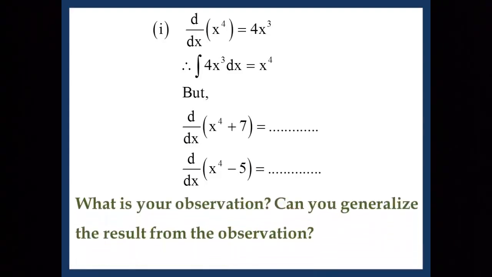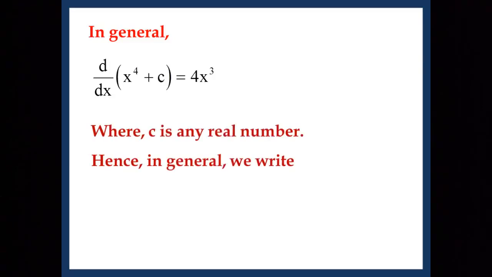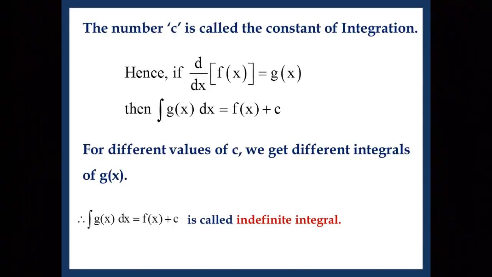So what is your observation here? Can you generalize the result from this observation? Yes. In general, d/dx of x raised to 4 plus c is 4x cube, where c is any constant. And therefore we can say that in general, integral 4x cube dx is x raised to 4 plus c.